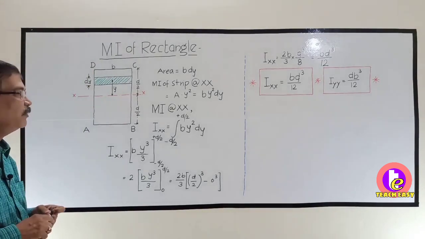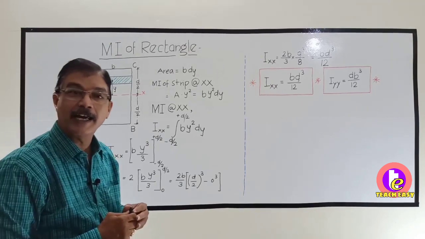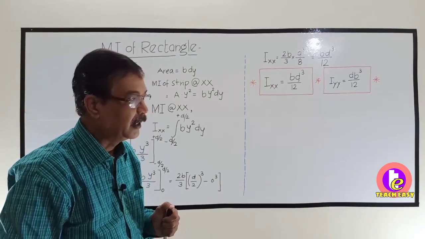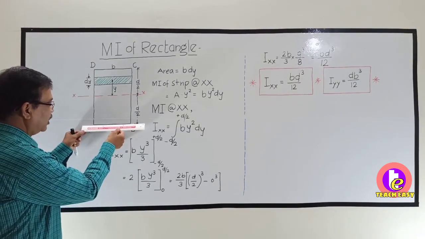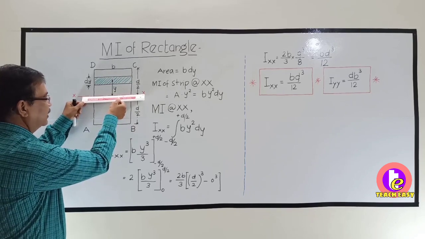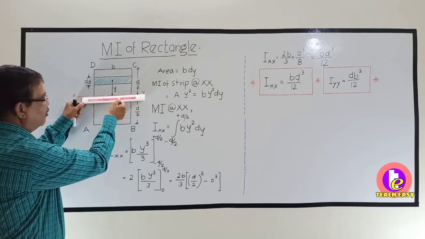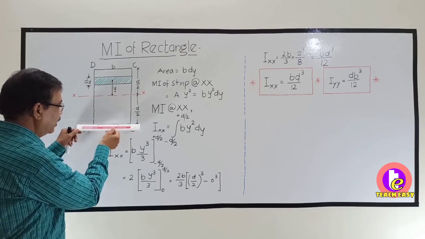Now, if I want to find out the moment of inertia about the base, that is IAB, I will have to use the parallel axis theorem. This AB is an axis which is parallel to the x-axis. So we will have to use the parallel axis theorem. What will be IAB?